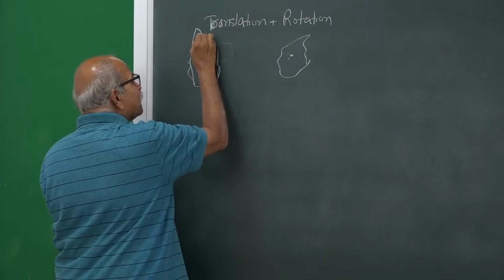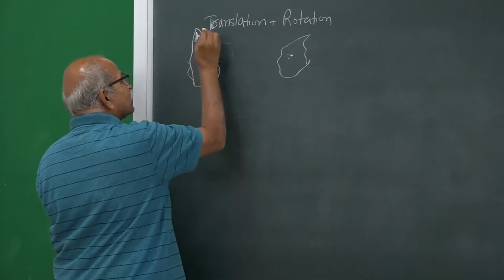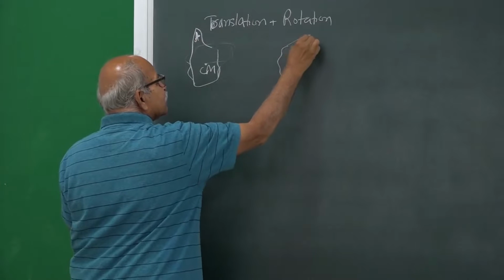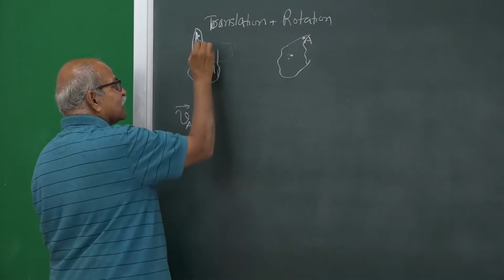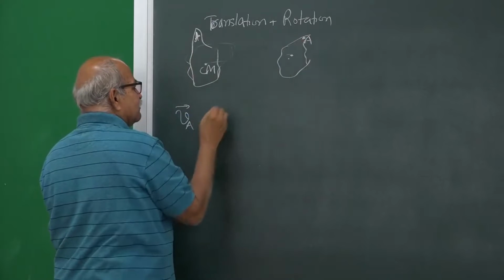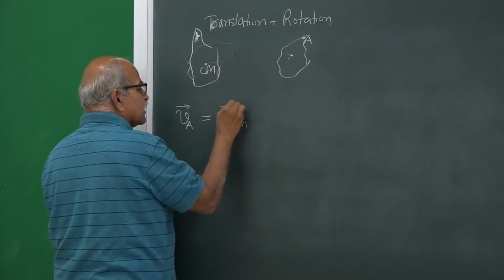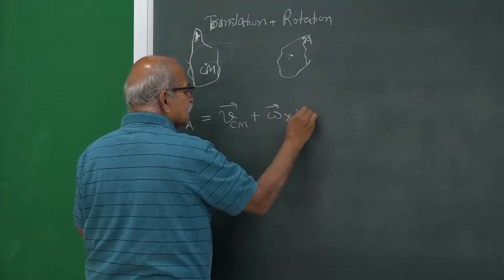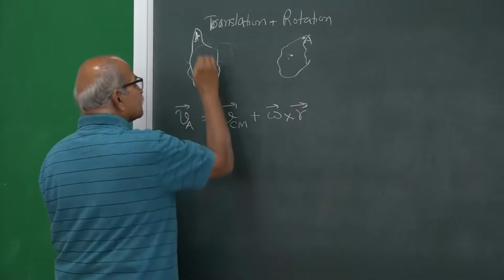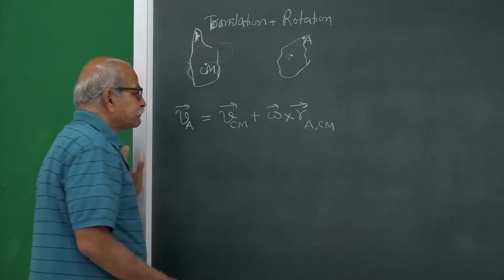So, consider any particular point of this, let us say this point, and this point reaches here. So, the velocity of this point at any time can be written as the velocity of the center of mass plus some omega times the position vector of this particle with respect to that center of mass frame.